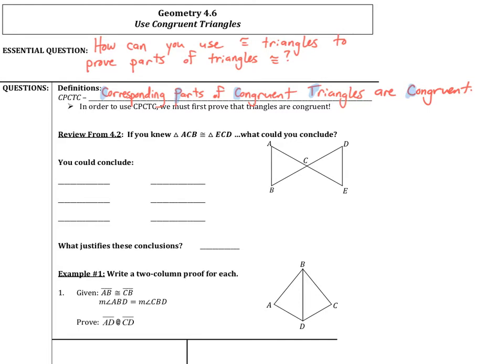Where the CPCTC comes from is the first letter of the words in this statement. Corresponding parts of congruent triangles are congruent. So this just says that if the triangles are congruent, all of the corresponding parts are also congruent.